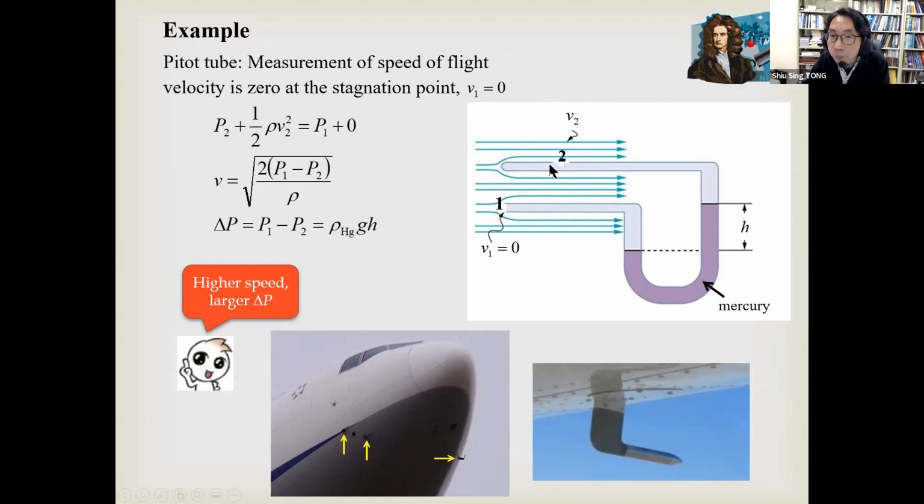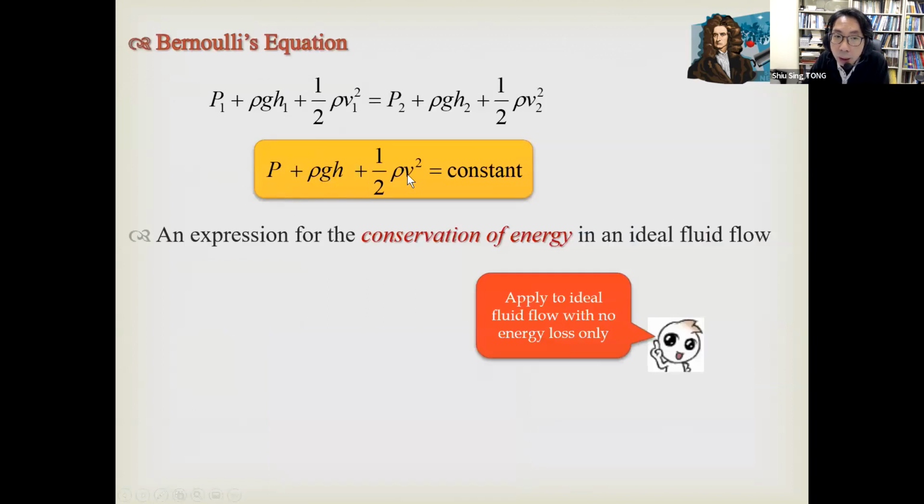So these two velocities are different. They measure two regions of the airflow with different velocities, and hence result in different pressures according to Bernoulli's equation. Now, Bernoulli's equation says that if the velocity is not the same, then since this combination is going to be a constant, the pressure will also change.